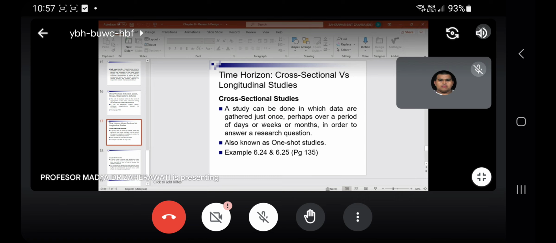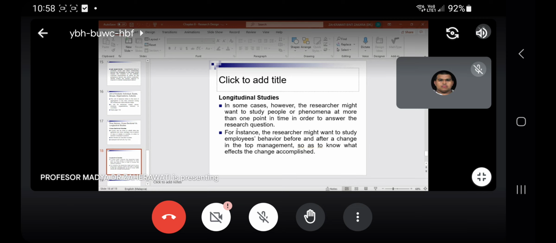longitudinal studies. If you choose longitudinal studies, this is not for basic research, especially for you, because it involves many stages, especially for data collection.